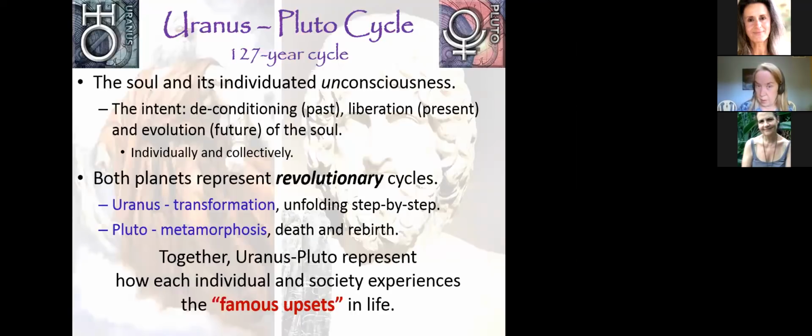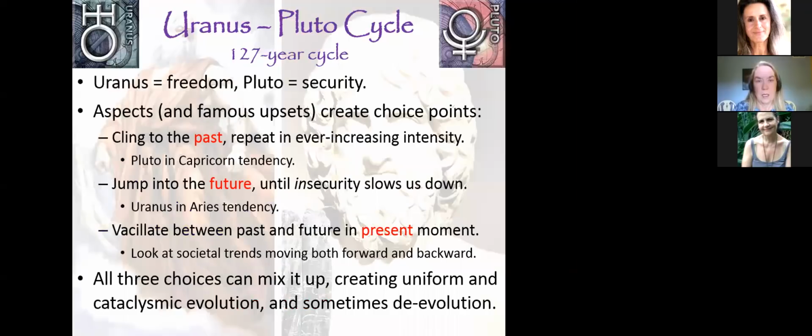However, together, these two planets are going to represent all of what I call the famous upsets, the traumas, the rug pulled out underneath us, to use Uranus and Pluto words respectively. Now, remember we said Uranus represented freedom in broad terms, Pluto represented security in broad terms.